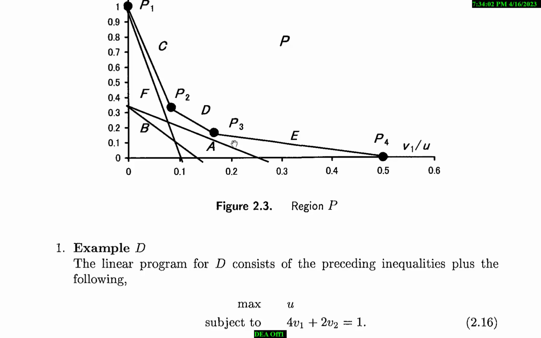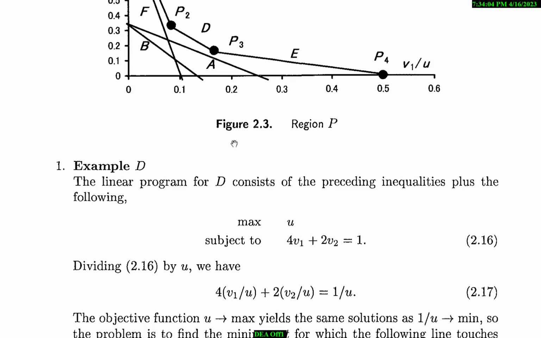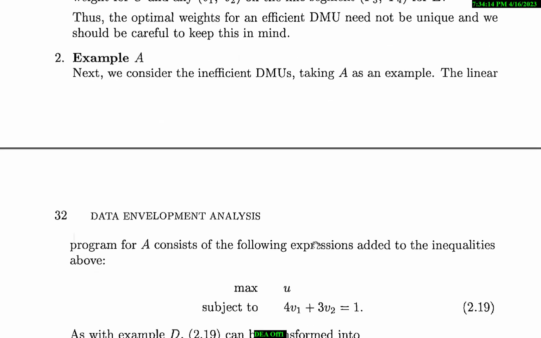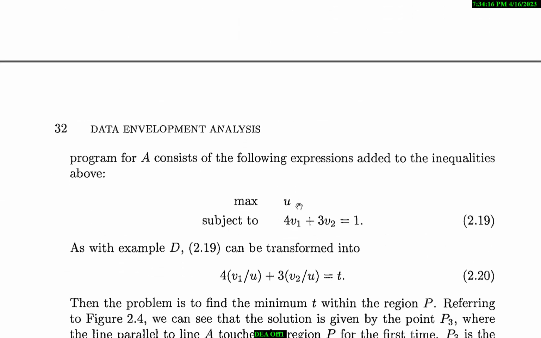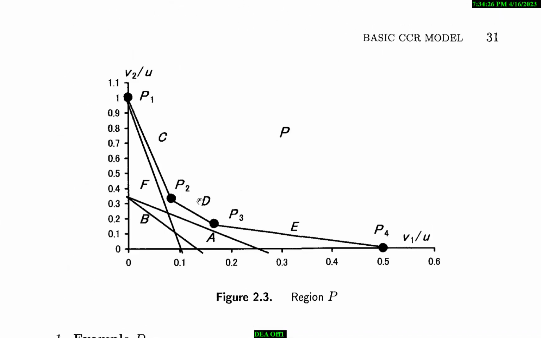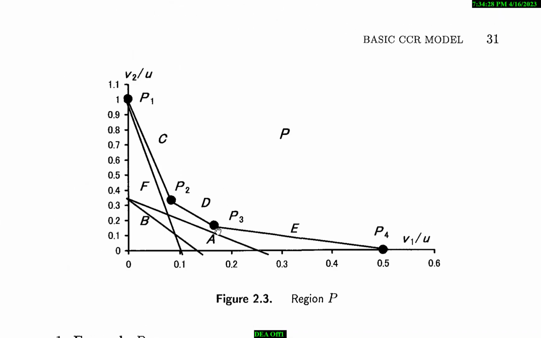So when T star is bigger than 1, the efficiency of DMU A would be less than 1. So A is not efficient, and its optimal value can be obtained easily.